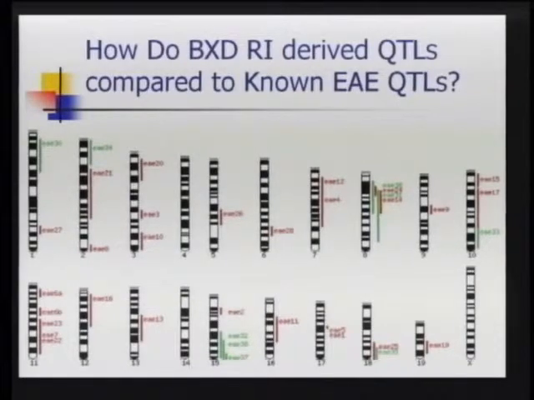And what's noted here in the green and in the red are actual QTLs, or places in the genome where the EAE model has actually been noted to have a genetic modifier in that particular place in the chromosome. And as you can see, there are over 30 different QTLs, or genetic modifiers, that may have a role in the development of EAE.